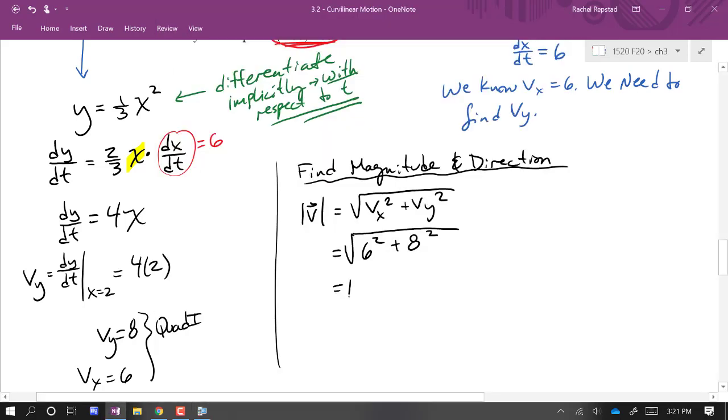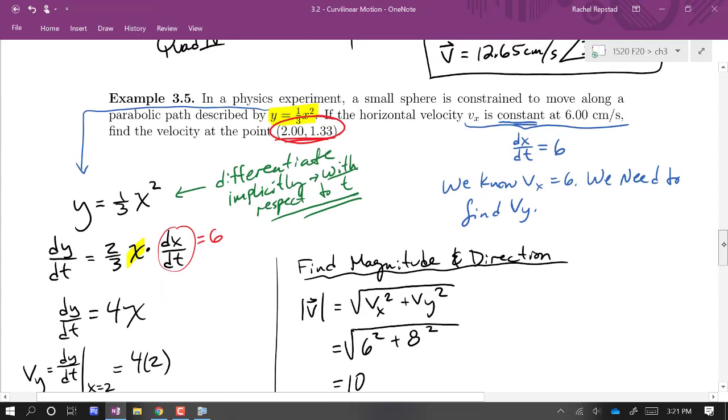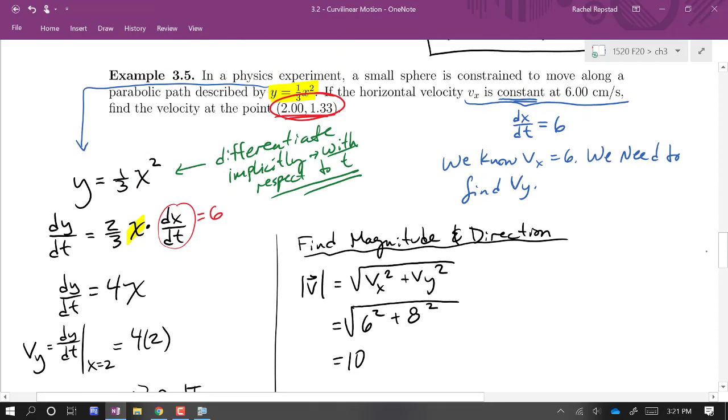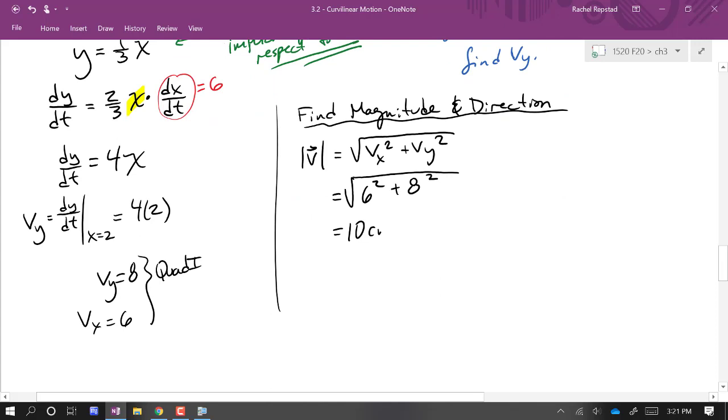We get 10. And the units inherit the same units they gave us for Vx, so this would be centimeters per second. This is in quadrant 1, so we don't have to make any adjustments.